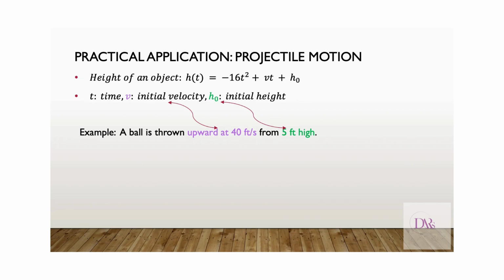So all we're doing is writing out how this equation would look. I simply substitute in the values for v, the initial velocity, and h₀, the initial height. And when I do so, I have the function h(t) = -16t² + 40t + 5.